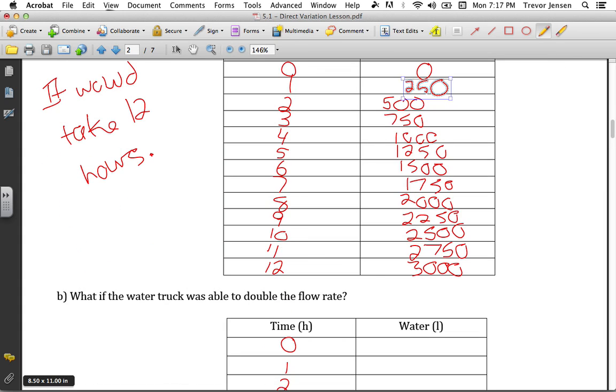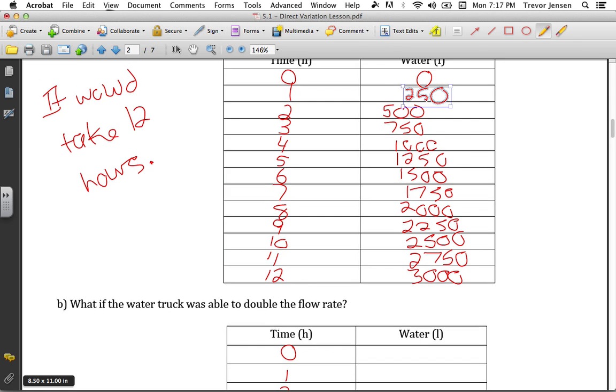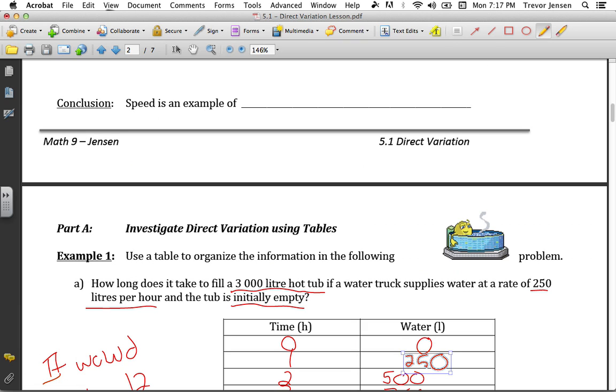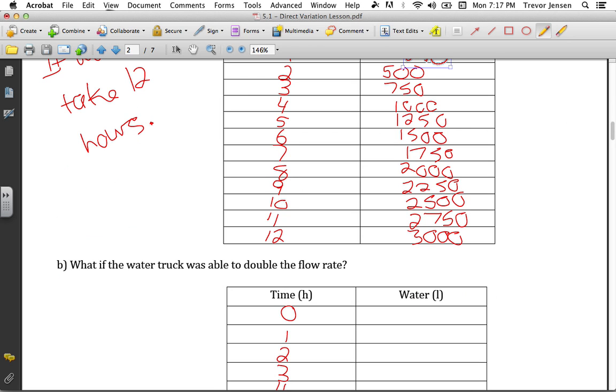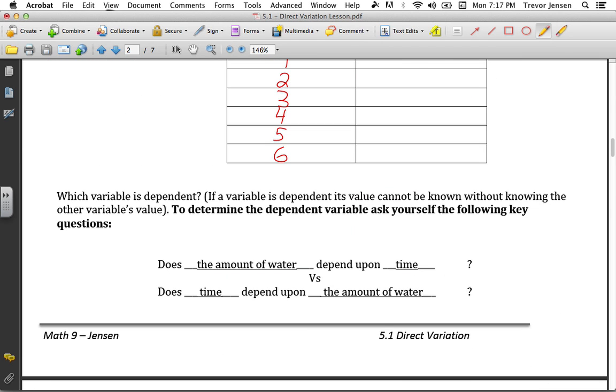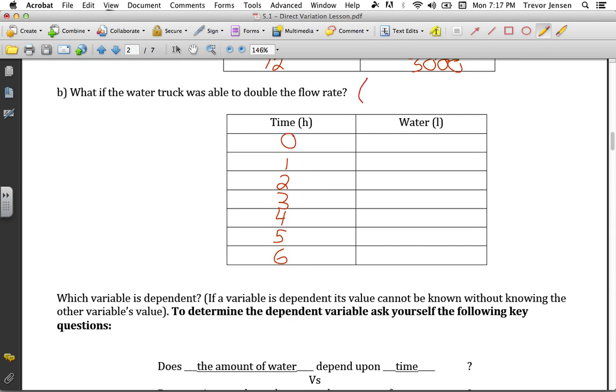Part B, what if the truck was to double the flow rate? So up here, it supplied the water at a rate of 250 liters per hour. What's double 250? 500. So it's saying what if the flow rate is 500 liters per hour.